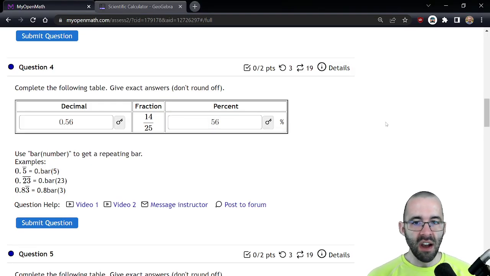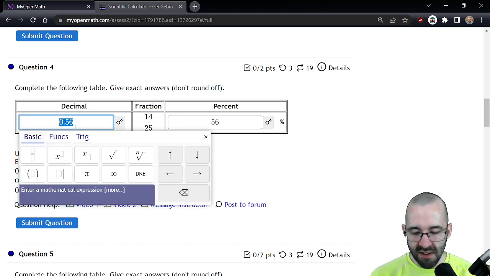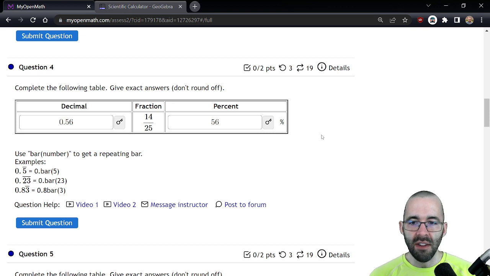It's 56 out of 100, which is the same as 0.56. And remember, another way to say this decimal is just 56 hundredths. If it were like this, it would be 563 thousandths. All right, that's how it all ties together here.